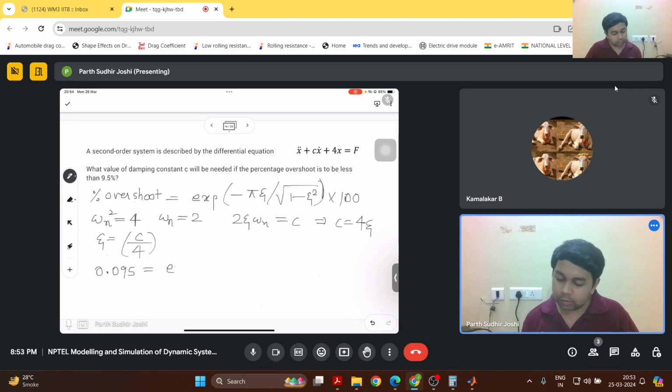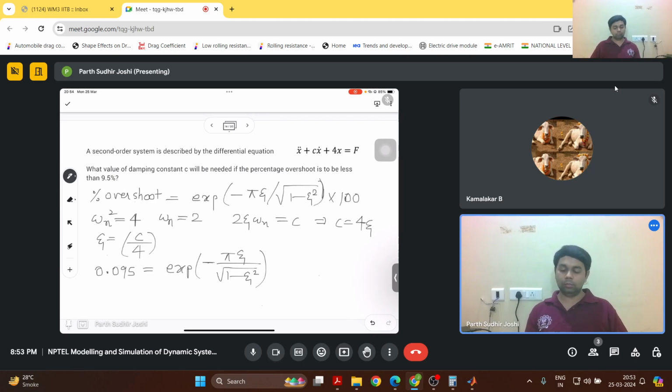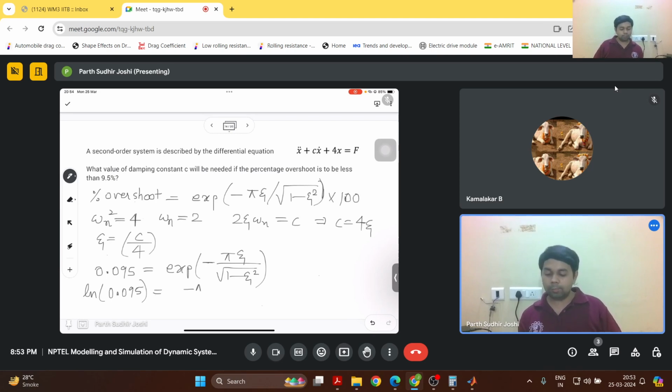So if we take the log of both sides, we will get a quadratic equation in terms of zeta, which we can solve to get the value of the damping ratio now.